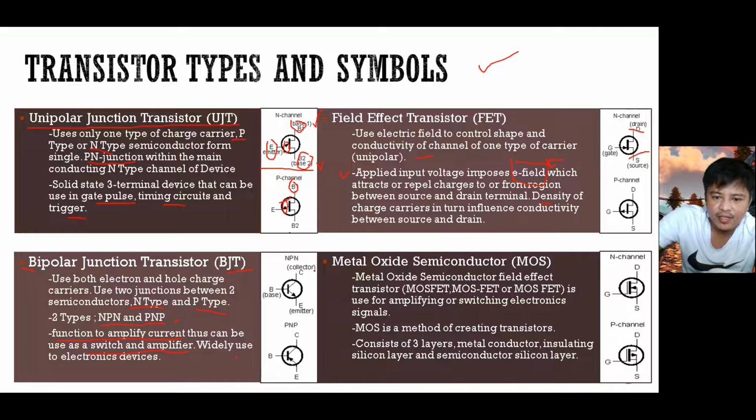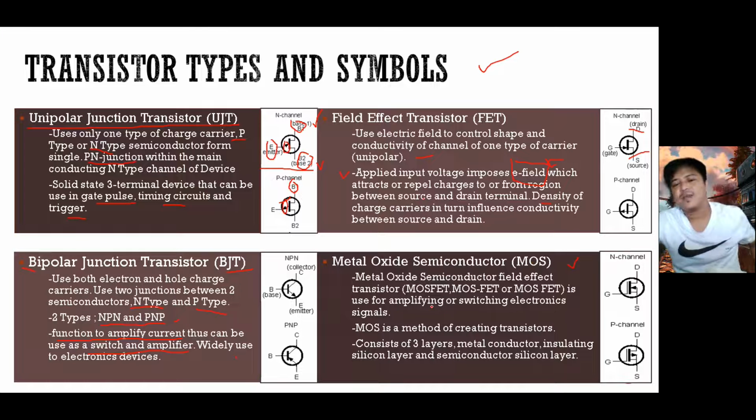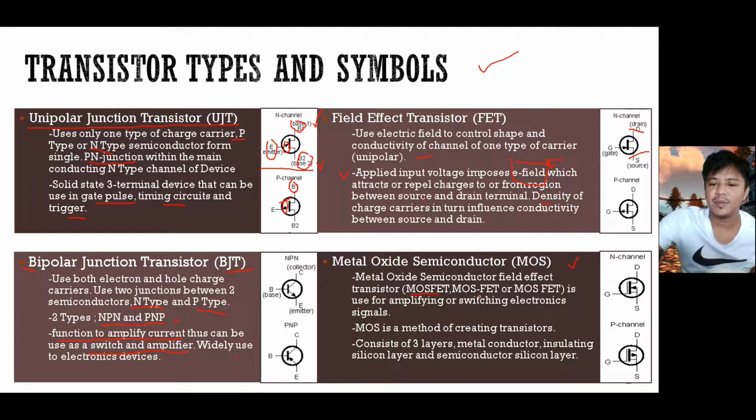So this also is the metal oxide. Another one is the metal oxide semiconductor field effect transistor, or MOSFET. This is more popular, used for amplifying or switching electronic signals. So MOS is a method of creating transistors, and it consists of 3 layers: metal conductors, an insulating silicon layer, and a semiconductor silicon layer.